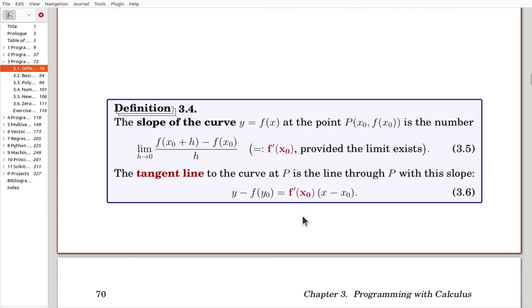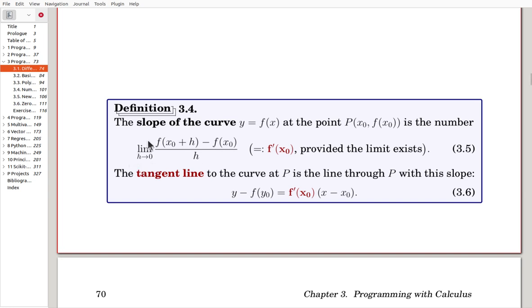Okay. Here we officially define the slope of the curve y equals f of x at the point P, x0, f of x0. A point is given, then the slope of the curve is the number f of x0 plus h minus f of x0 over h.